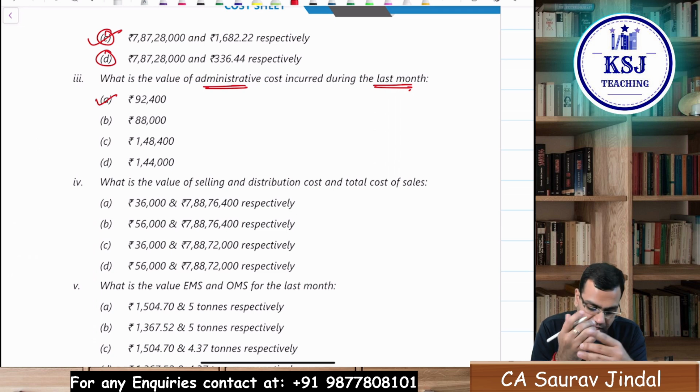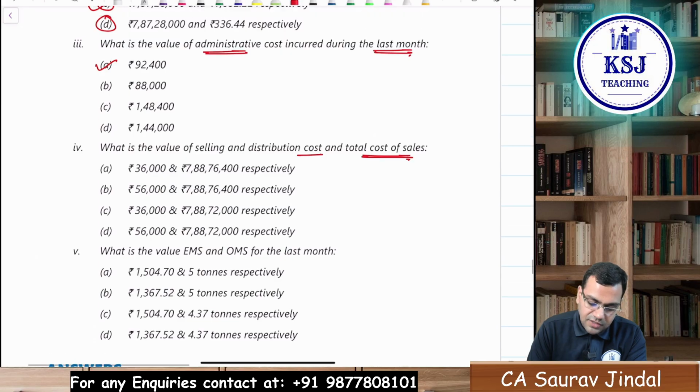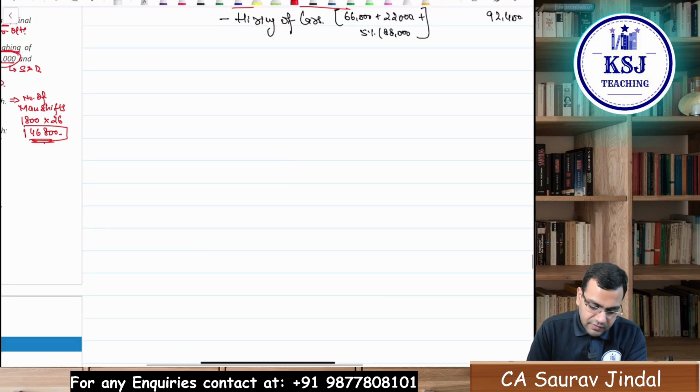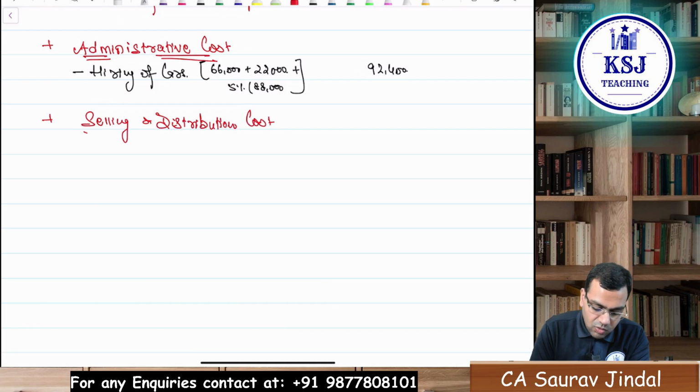Clear. Now they ask what is the value of selling and distribution cost and the total cost of sales. For this, let's add selling and distribution cost. Now, what all will be included in the selling and distribution cost?